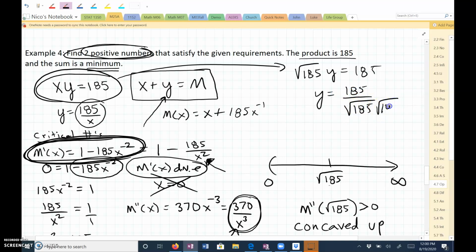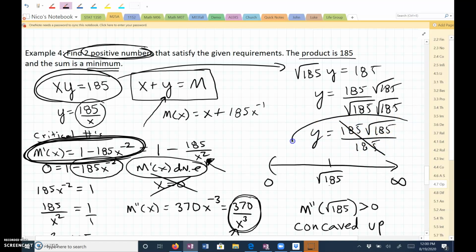Multiply by the square root of 185, the numerator and the denominator. The numerator would become 185 times the square root of 185. The denominator would become 185. These would cancel out, and y would also equal the square root of 185. So that would be the two positive numbers that satisfy the given requirements.